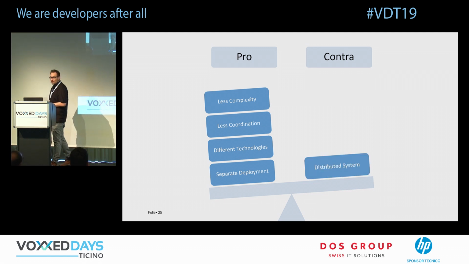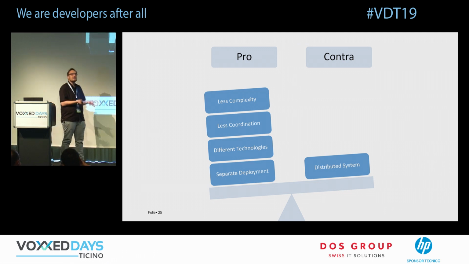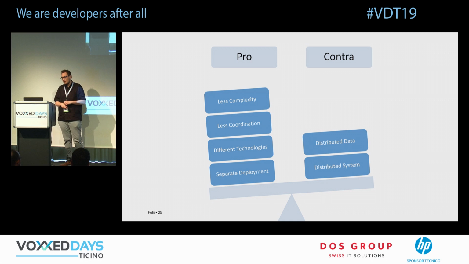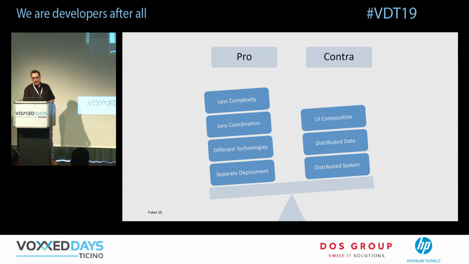But you have also some disadvantages. For instance, you have to deal with distributed data because you have tiny isolated applications. They should have their own databases too. You have to deal with overall distributed system, and you have to deal with UI composition.